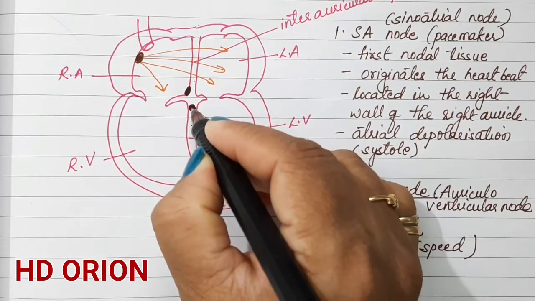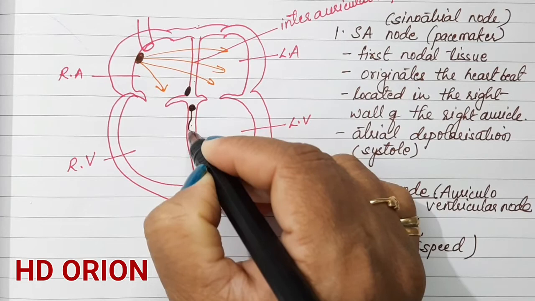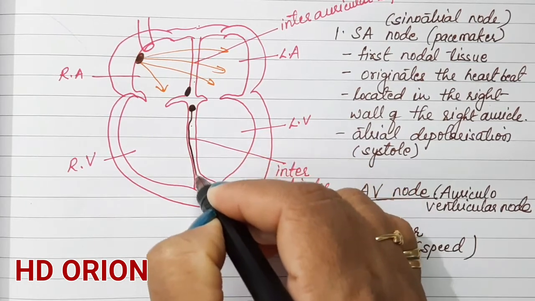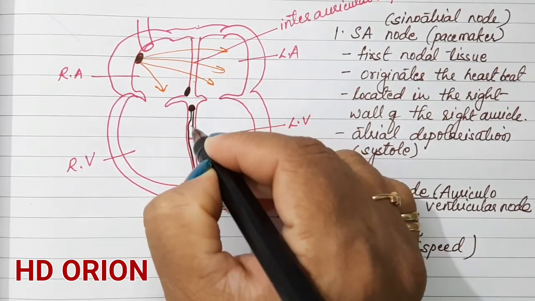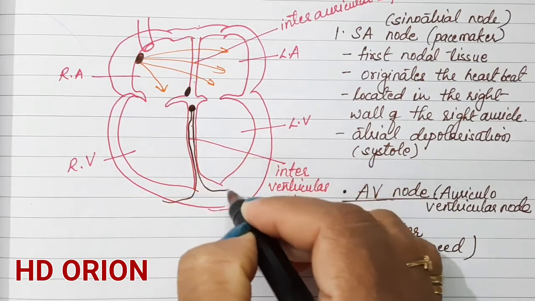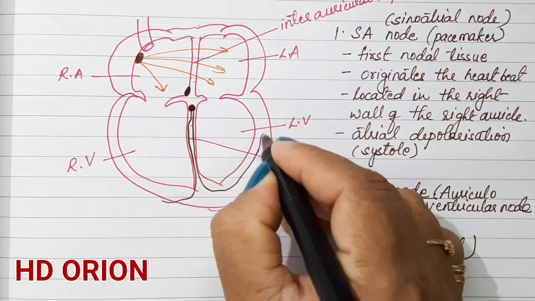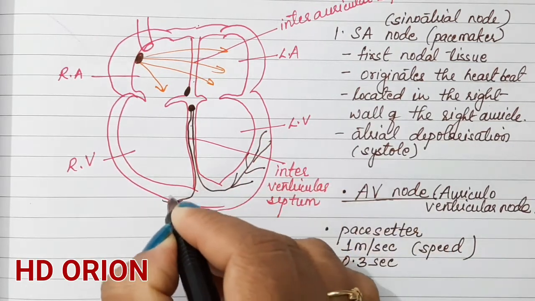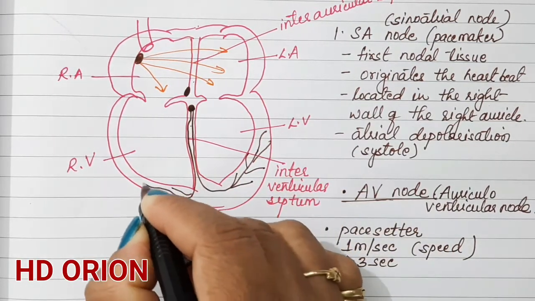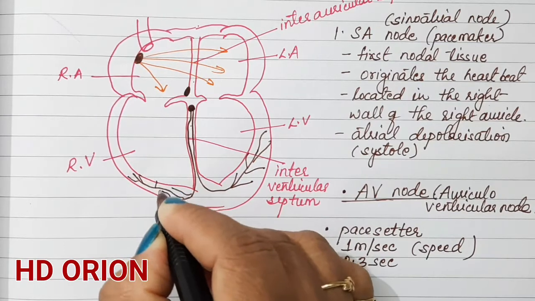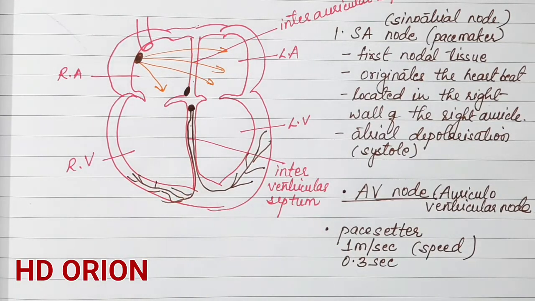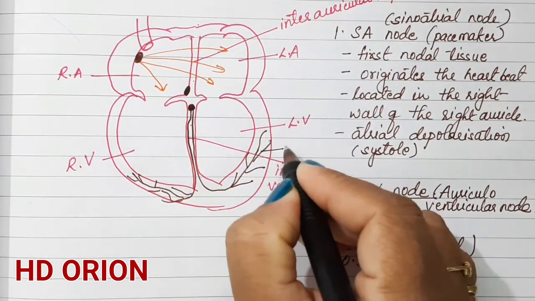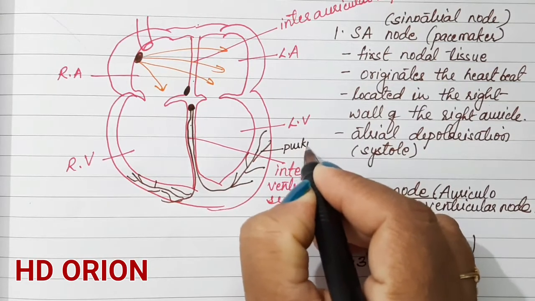From here it bifurcates or branches into two parts, the right and the left, and then branches into different fibers. This is known as the Purkinje fibers.